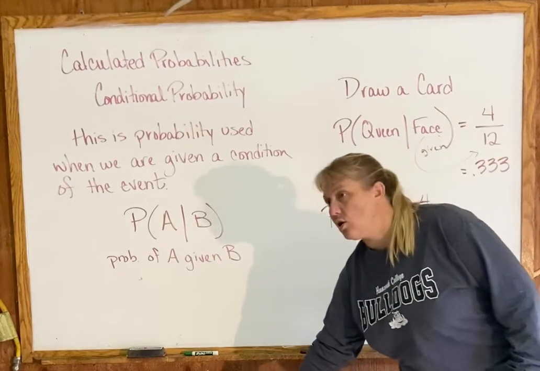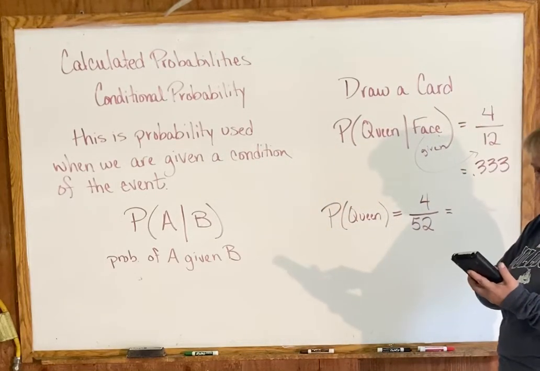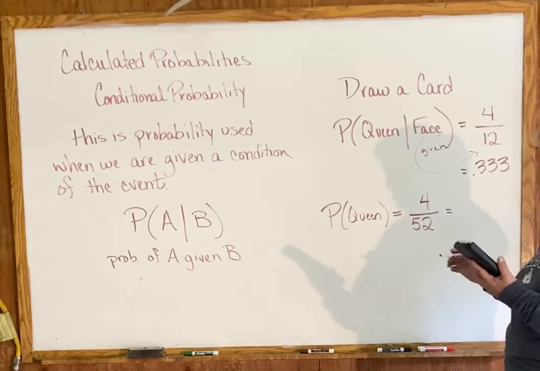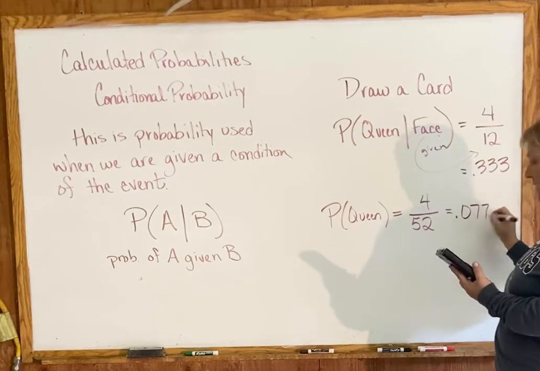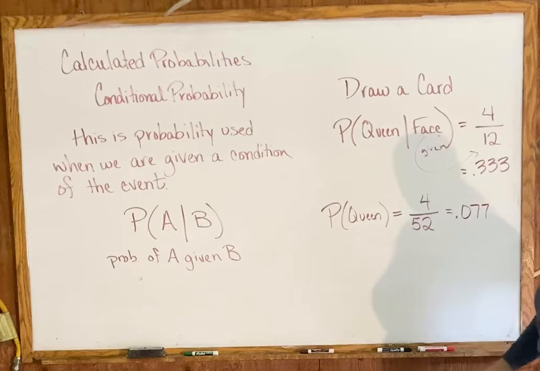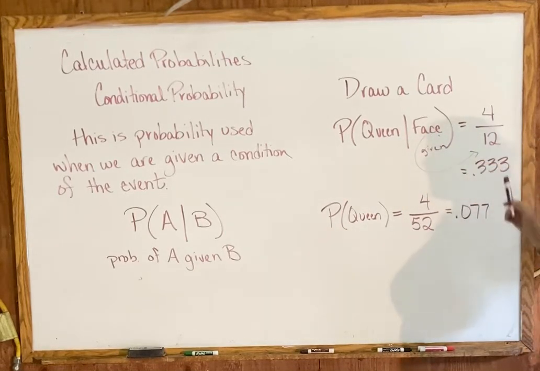Okay. So here the probability is 4 out of 52. 4 divided by 52. And that gives us 0.077. So 7.7%. So do you see what happens when you're given a condition? Do you see how it changes the probability?